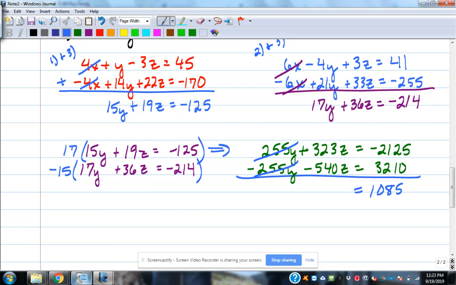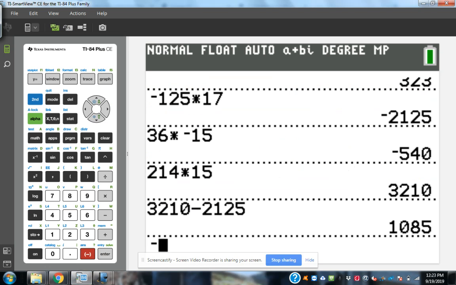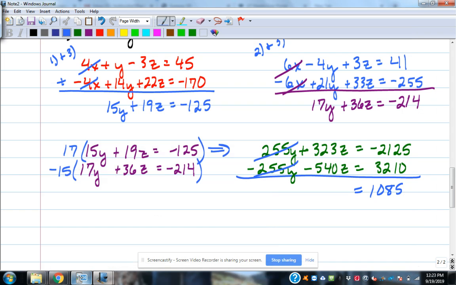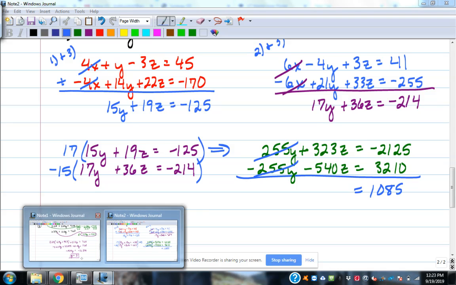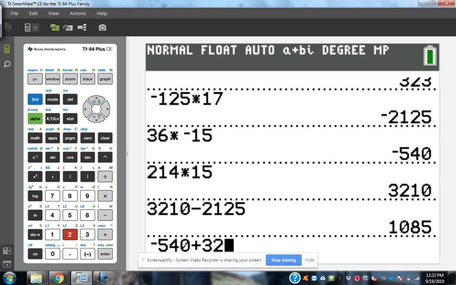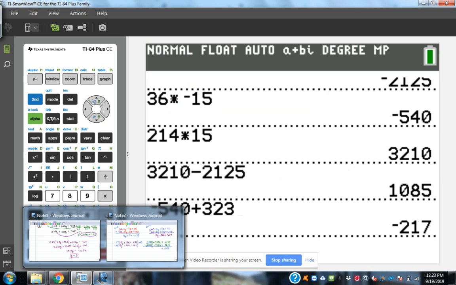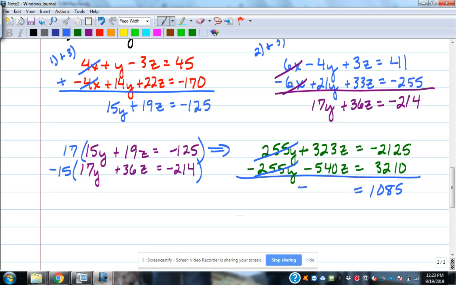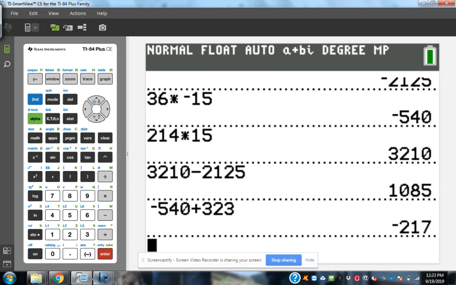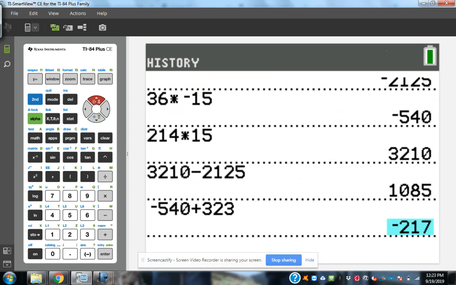And then negative 540 plus how much? 323. Negative 217. All right, and then we're going to divide those.